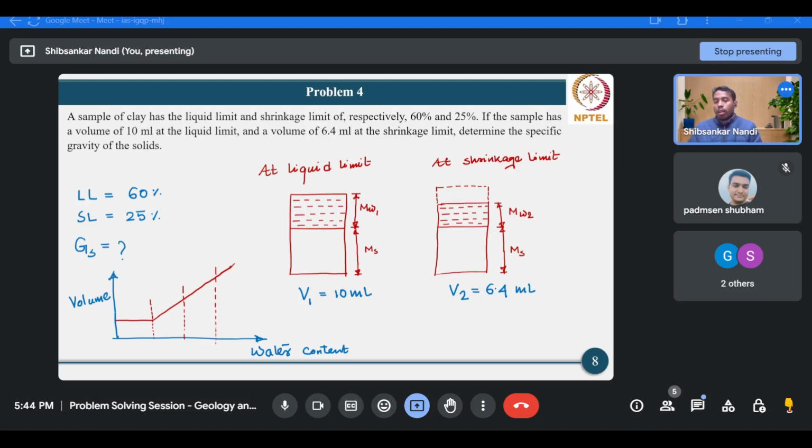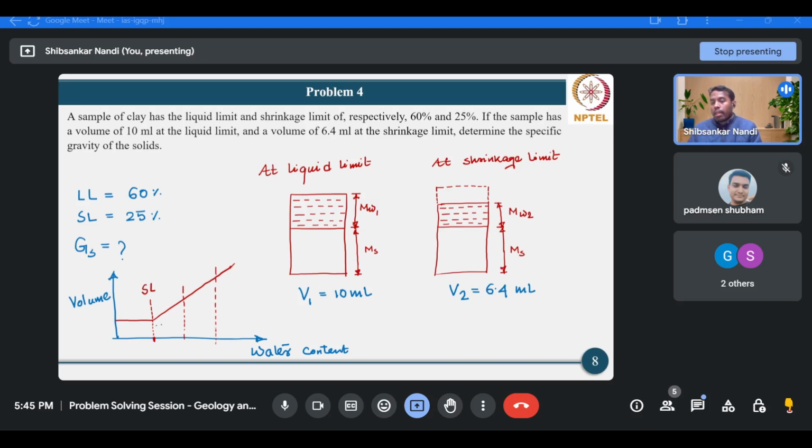So this behavior conveys the physical meaning that if you reduce water content, your volume will also reduce. But after a certain value of water content, as you keep decreasing it, there will be no such variation in the volume. That means volume becomes constant. So that limit is called shrinkage limit.